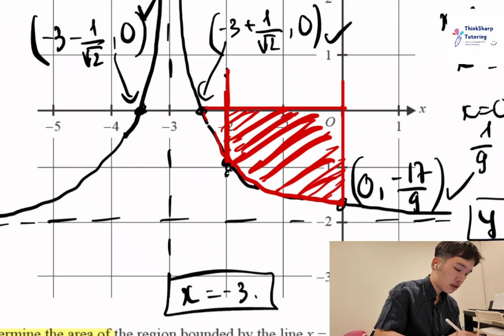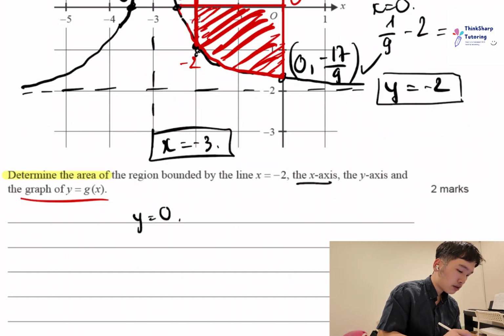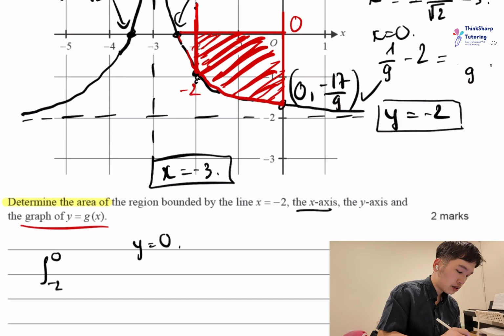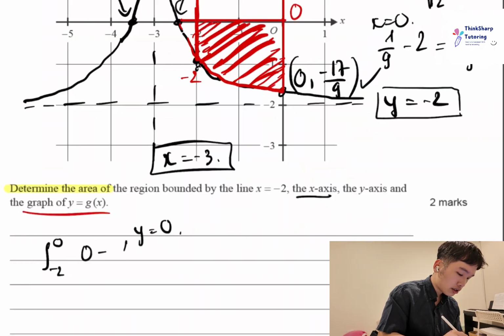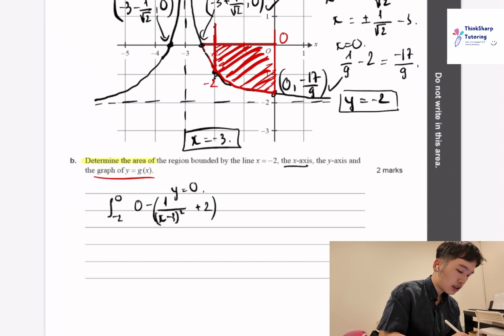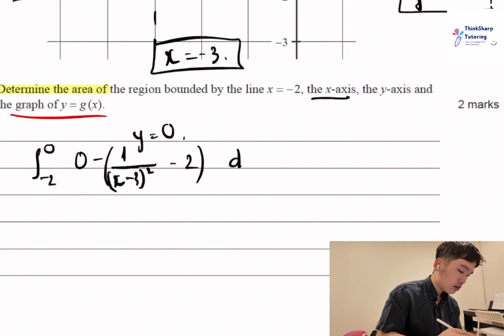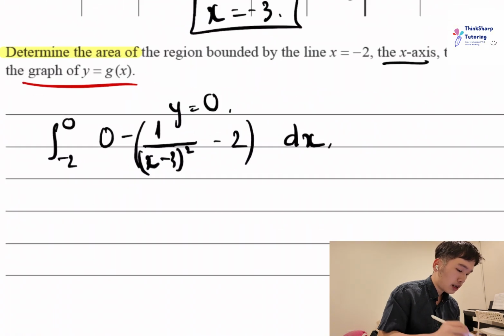So we are going to integrate from negative 2 to 0. So we can form our integration, negative 2 to 0. We have y equals 0, which is 0 minus g(x). Our g(x) would be 1 over (x minus 3) squared plus 2, negative 2 to 0, and then dx, right? So we want to transform this into (x minus 3) to the power of negative 2, right?